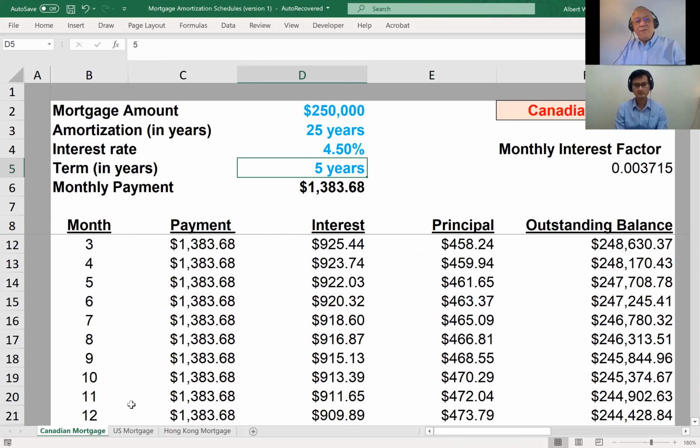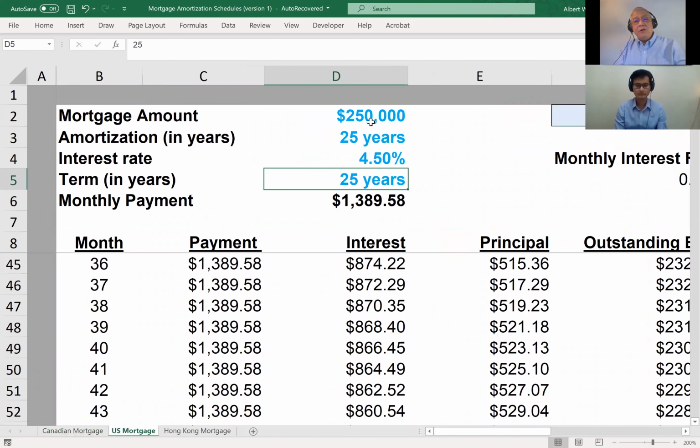Now, before we leave, let's just look at the U.S. situation. Same loan, 250,000, 25 years, same rate. The amount is a little bit higher, as I said, because the compounding is a little bit different, so the numbers differ. Now, Hong Kong, I have a tab for Hong Kong.